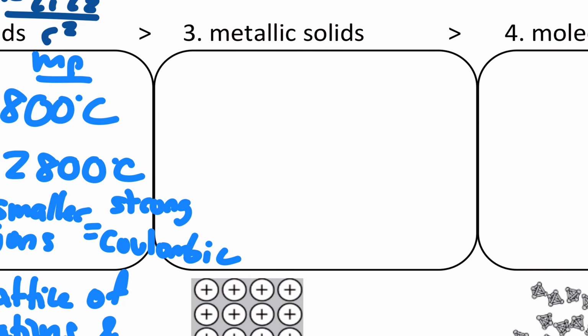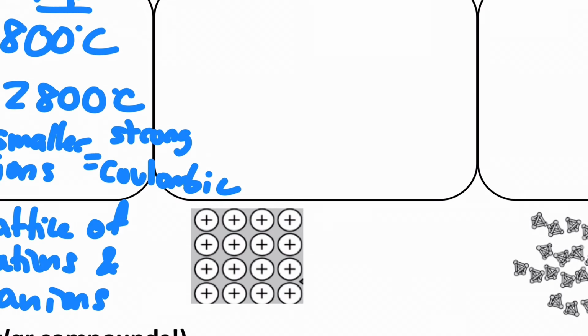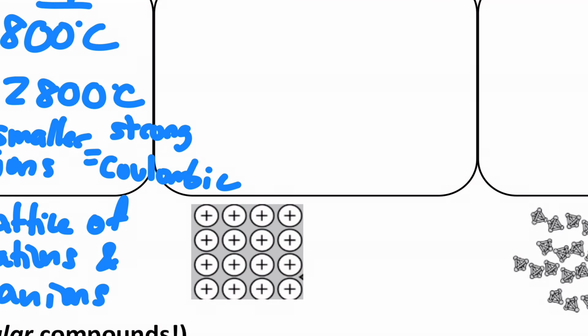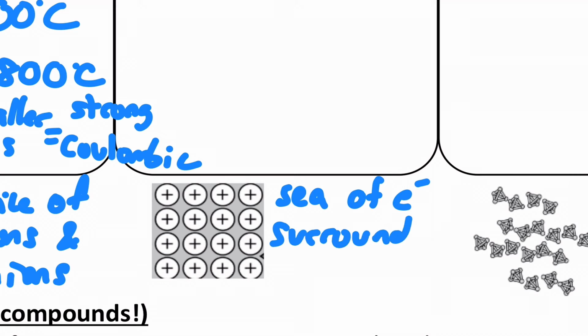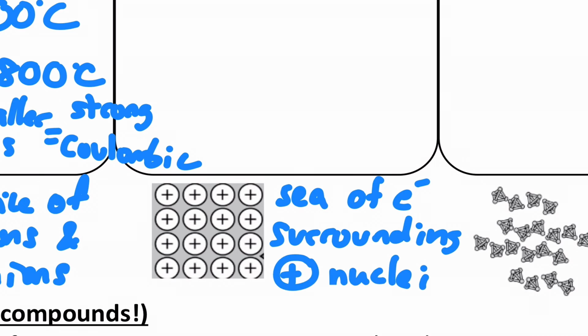Metallic solids are different in structure, as the picture down here shows. Here we have a sea of electrons surrounding positive nuclei. And this is what a solid metal looks like.